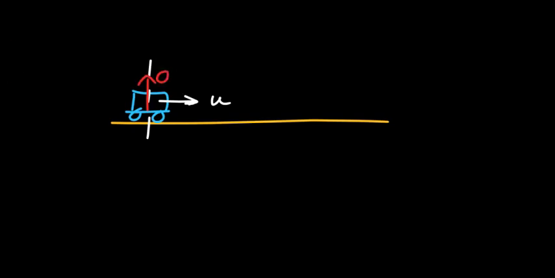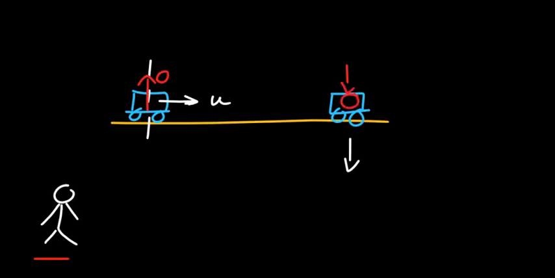And as the cart moves, say, to this location, what would the trajectory of this object look like to a person standing outside? Say that at this location, the object lands back in the cart. So that means to the person outside, the object would have traveled in this manner. So that is the basis of projectile motion.